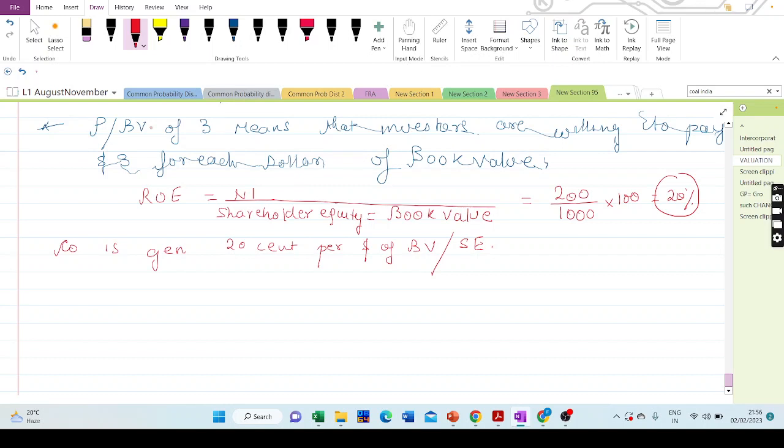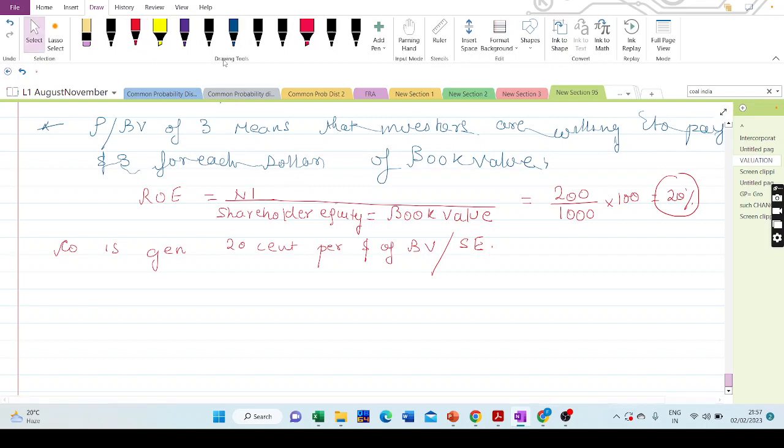Guys, are we good up till now? Any doubts? Now you will understand why I am linking book value to ROE.